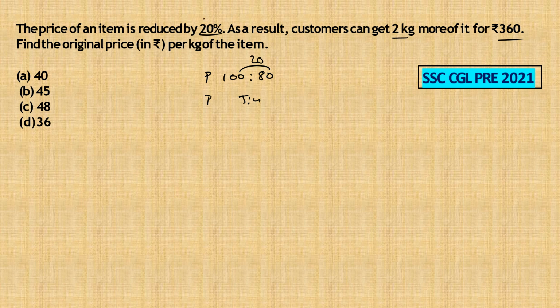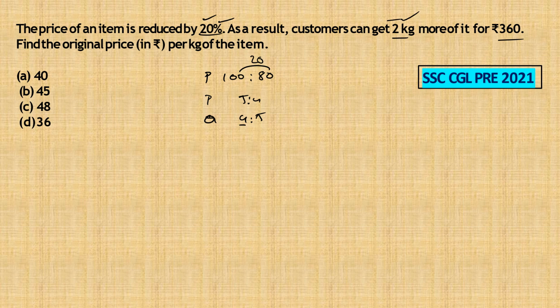Due to the reduction of 20%, a customer is getting 2 kg more for 360 rupees only. That means he was spending 360 rupees before, and even now he is spending 360 rupees. But due to the 20% reduction in the price, he is getting 2 kg more. That means the expenditure is the same. Then the ratio is 4:5, inversed.